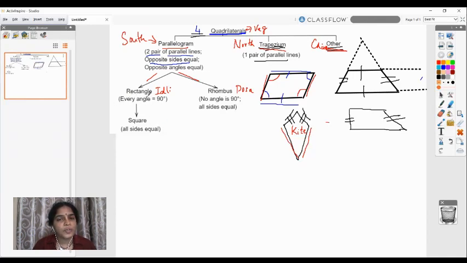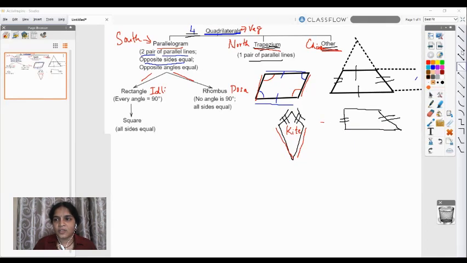What is one more special quality in a rectangle? It has all the qualities of a parallelogram. First of all, let's draw a rectangle and then try to understand.